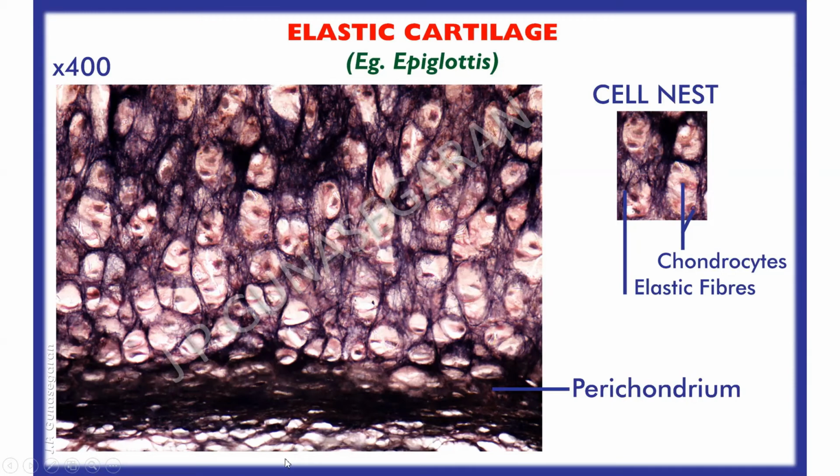This is a higher magnification of elastic cartilage where you can see clearly the eccentrically placed nuclei of the chondrocytes and the two layers of perichondrium. Note the elastic fibers are thinner at the periphery and thicker in the interior.